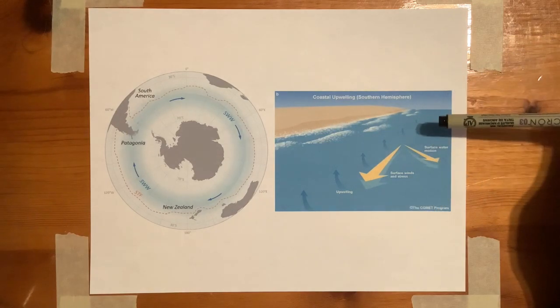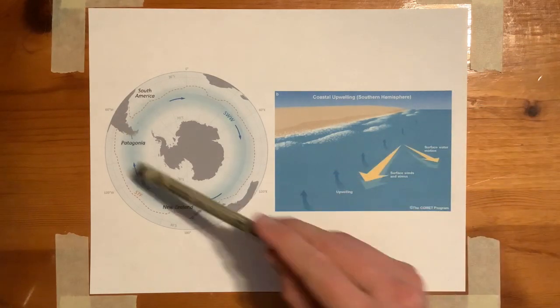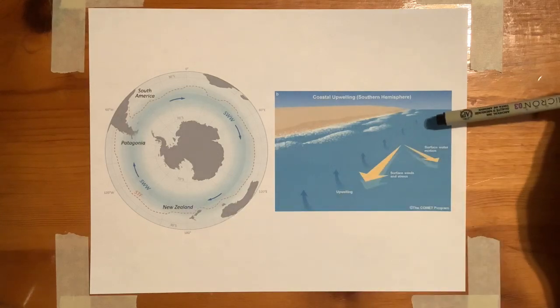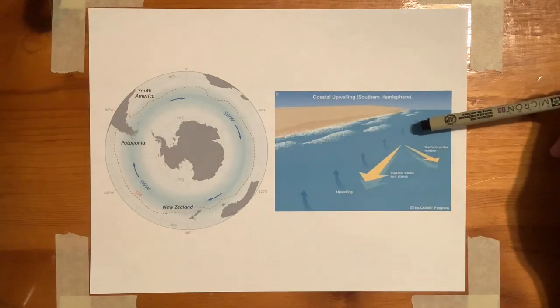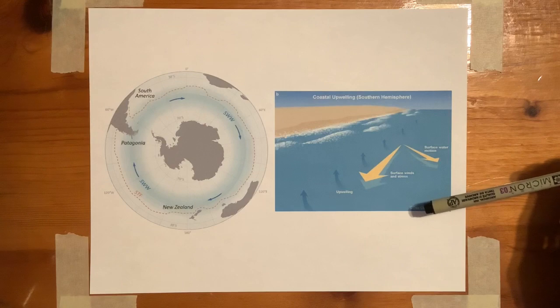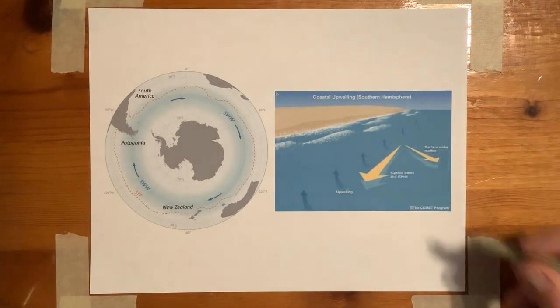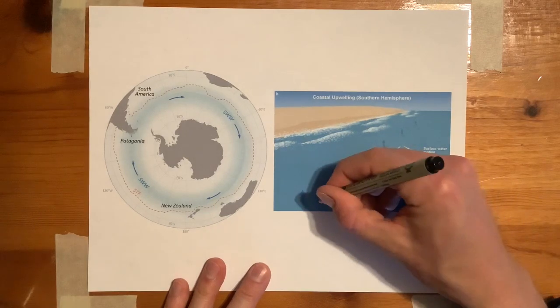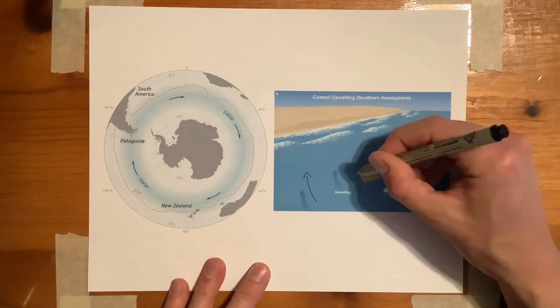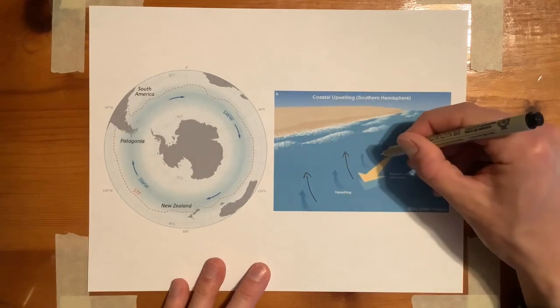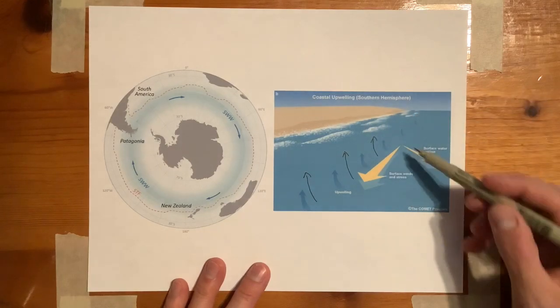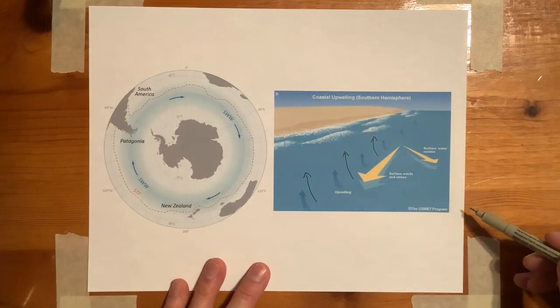And so basically what this means is that the strong surface winds cause ocean water to move away from the coast of Antarctica, and that causes what's called upwelling, where deeper water rises up to take the place of the surface water that's being blown offshore.